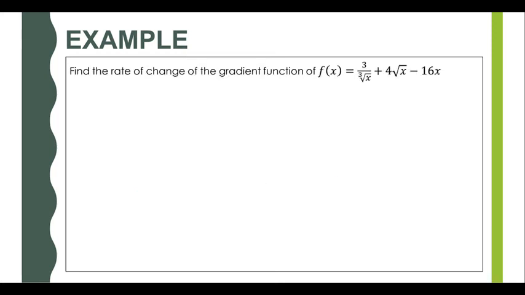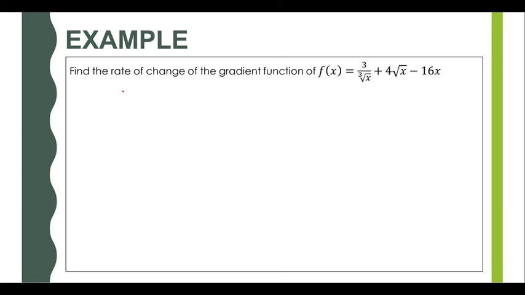So this time we're asked to find the rate of change of the gradient function. So firstly we need to find the gradient function, f dash of x, and then differentiate again to find the rate at which this is changing, giving us f double dash of x. Again, before we can do that, we need to write our function in a form that we can differentiate.